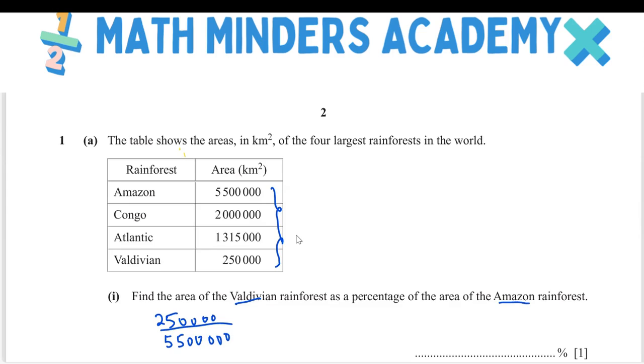So here I will multiply by 100%. So let's cross out the zeros here.